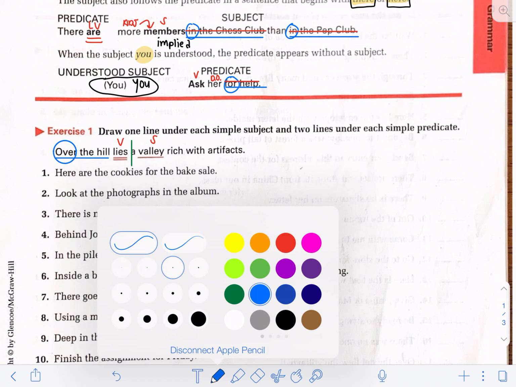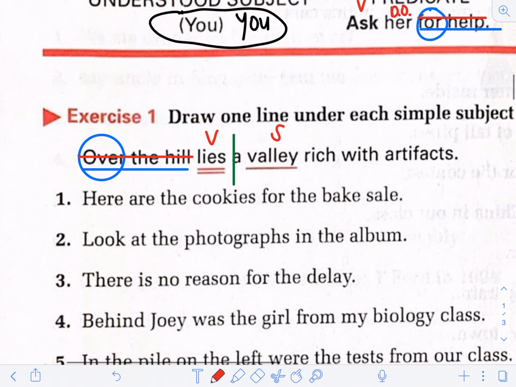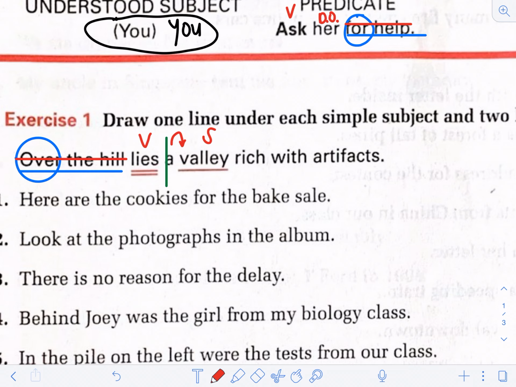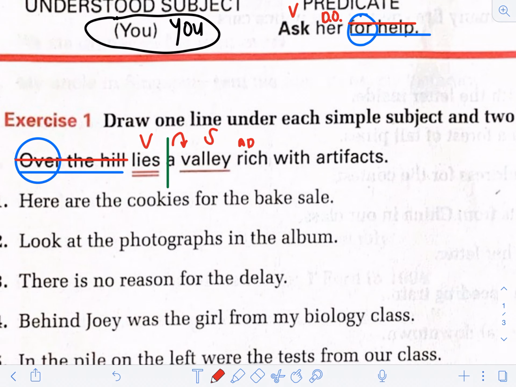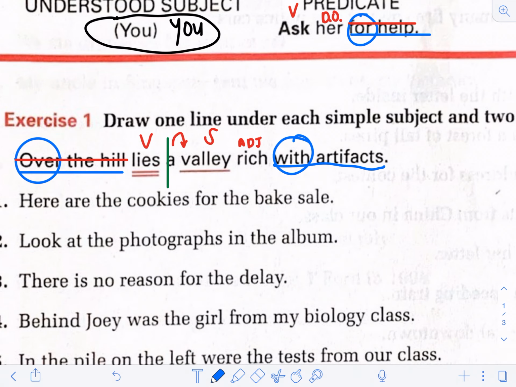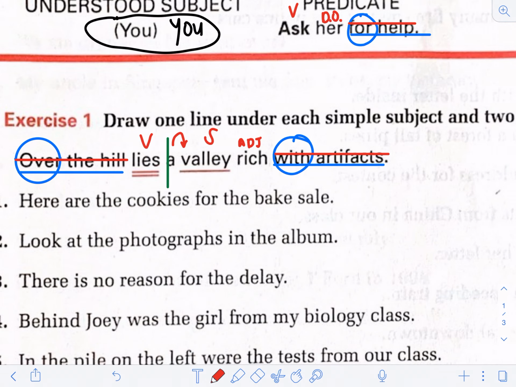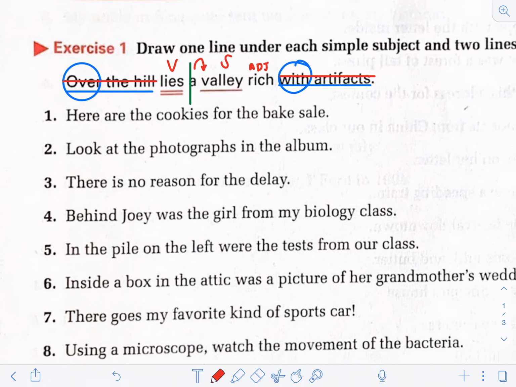And we know that our subject and our verb cannot be in a prepositional phrase. The word the is an article modifying valley. We have another adjective in rich. And then we have another prepositional phrase with artifacts. Once again, subject and verb cannot be found within a prepositional phrase.